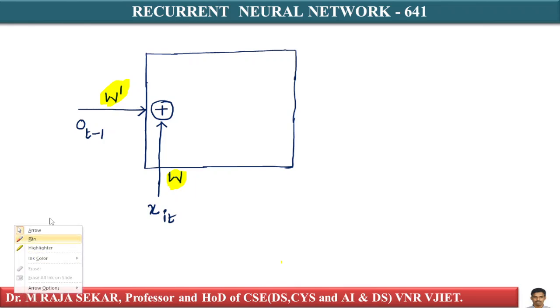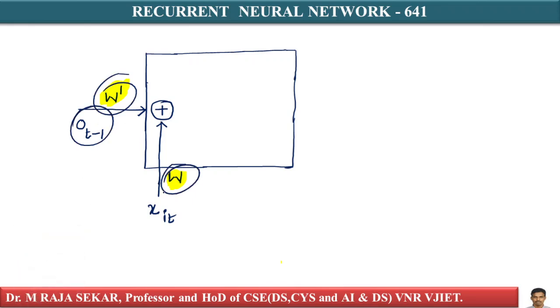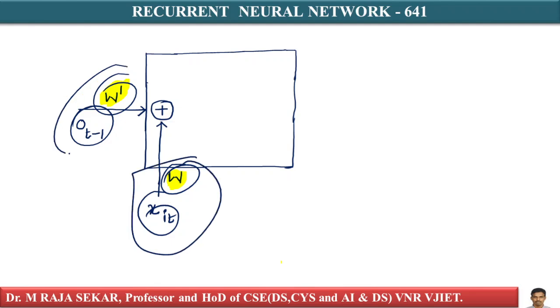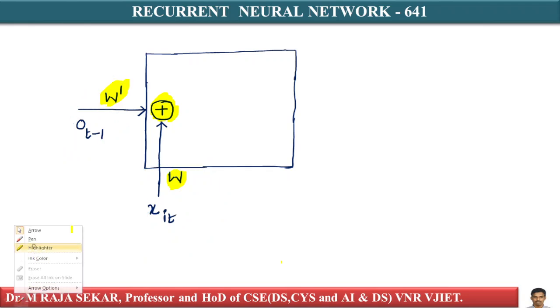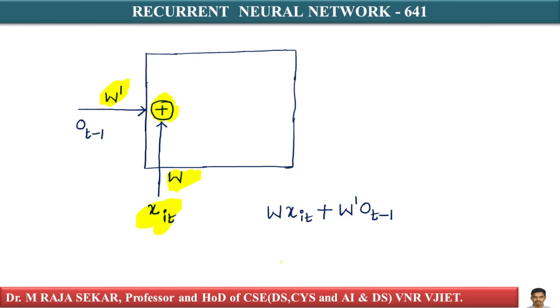You have to take the dot product between these two, and again the dot product between these two, isn't it? The first thing that you will perform here is the summation operation, isn't it? This plus means you have to make use of summation. You are taking W multiplied by X_i^t, and W' multiplied by O_{t-1}.